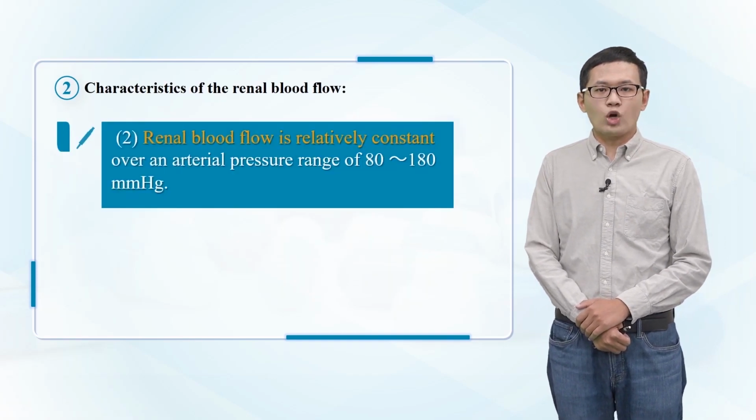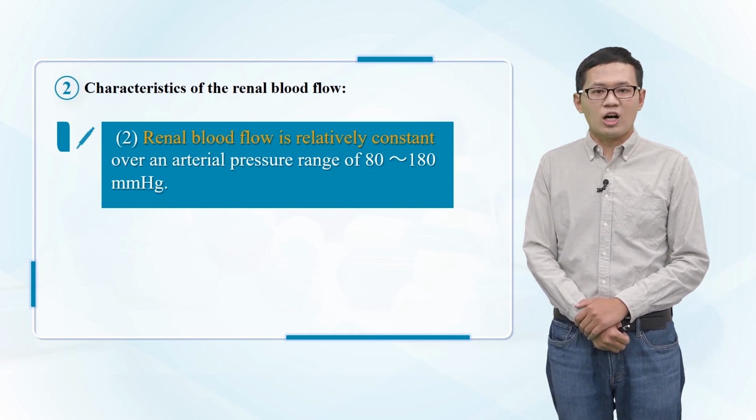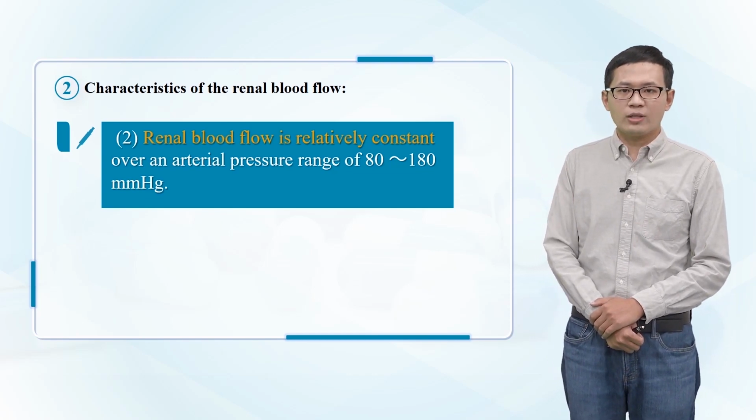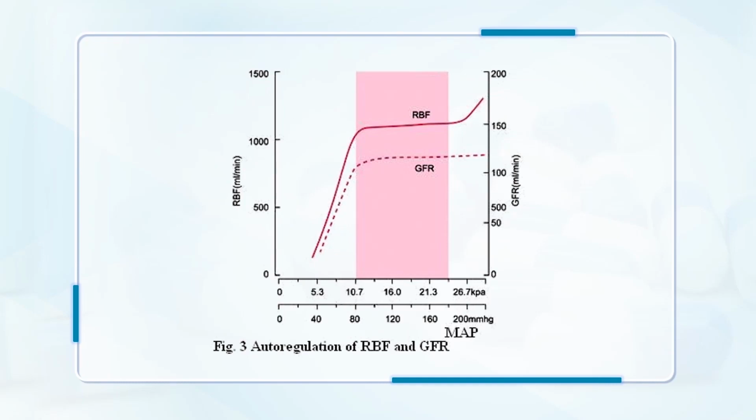The renal blood flow is relatively constant over an arterial pressure range of 80 to 180 mm mercury. But why? As we can see from the curve, the autoregulation of renal blood flow and GFR is a non-linear relationship.